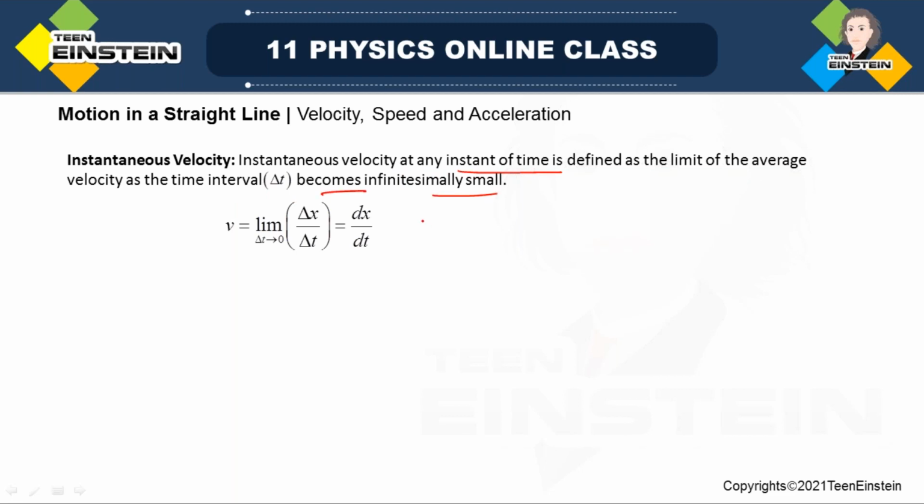Before I go to the definition, let me tell you why we need this instantaneous velocity and what it is. I have told you that velocity means the change in position divided by time. That is a kind of definition in general.